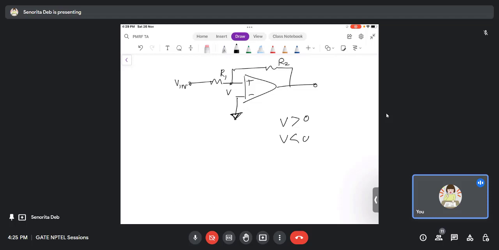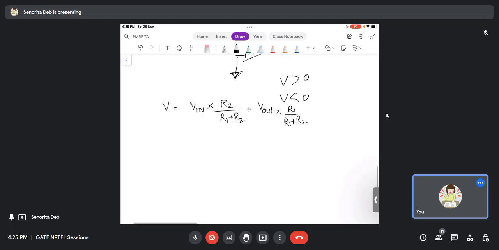Okay. So now we have found that V is equal to Vin into R2 by R1 plus R2 plus Vout into R1 by R1 plus R2. This we saw, right? Now since V is being compared to 0, Vin will be either less than or greater than what?